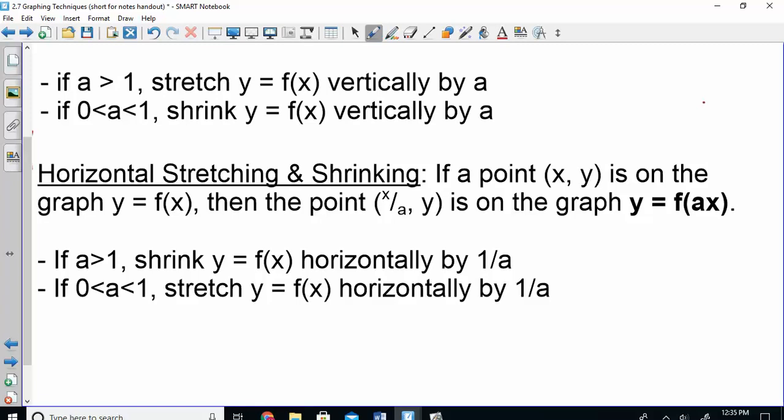So instead of multiplying my x's by 3, it will actually divide them by 3. And so what happens is if that number is bigger than 1, it will shrink it horizontally. It's like squishing it in, so it's going to get skinny and tall. If that number is smaller than 1, it's like stretching it out. And so it's going to get longer and skinnier.